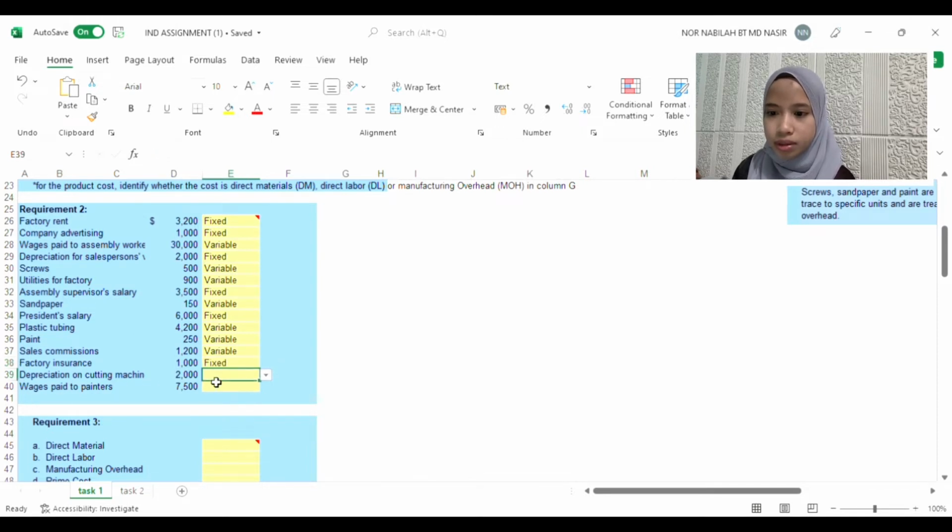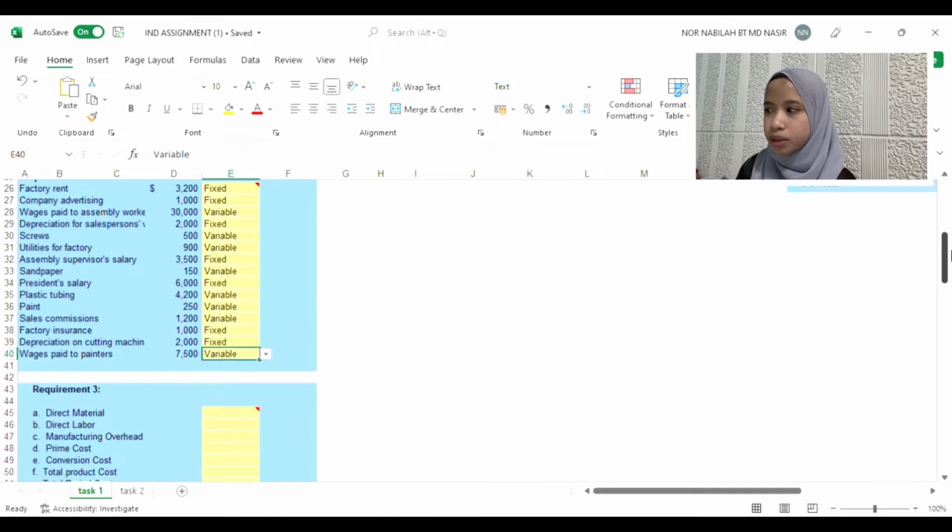Factory insurance, fixed. Depreciation on cutting machine, fixed. Wages paid to painters, variable. That's all for requirement 2.